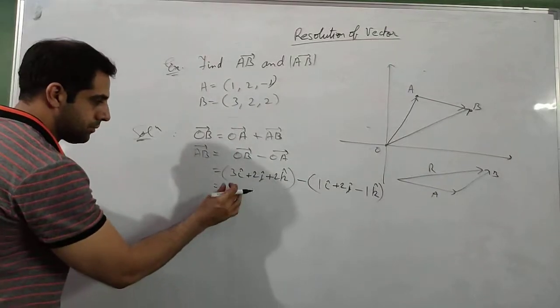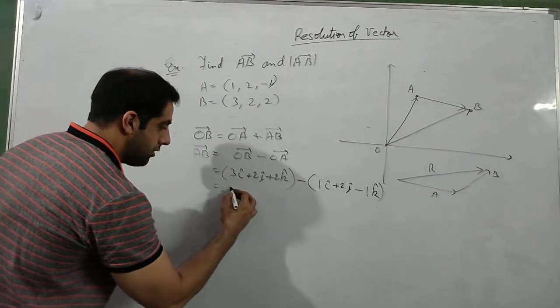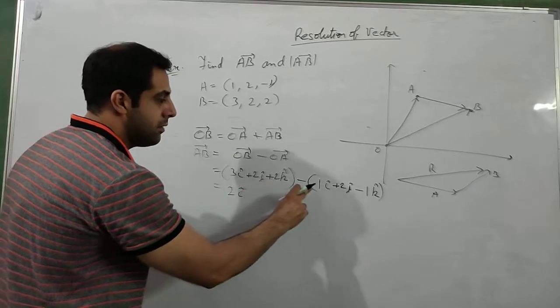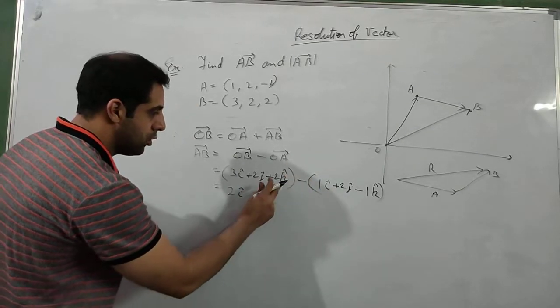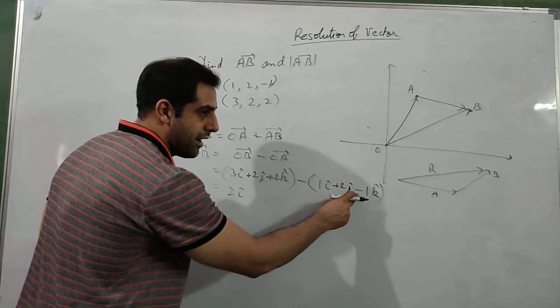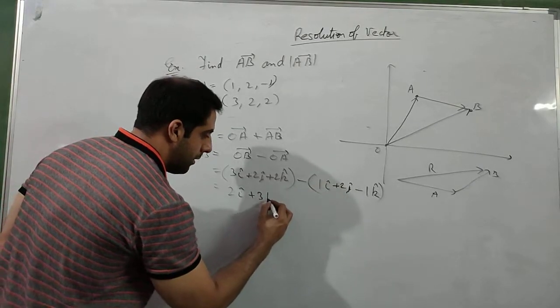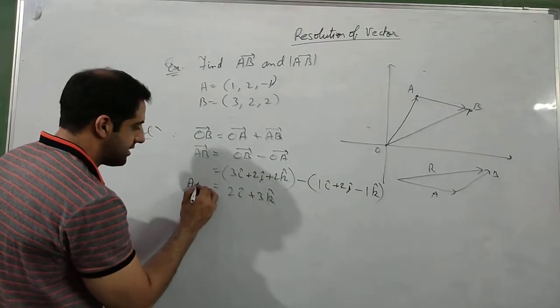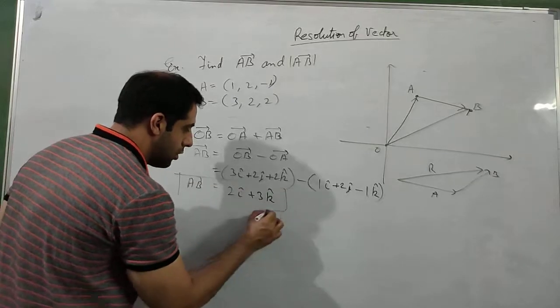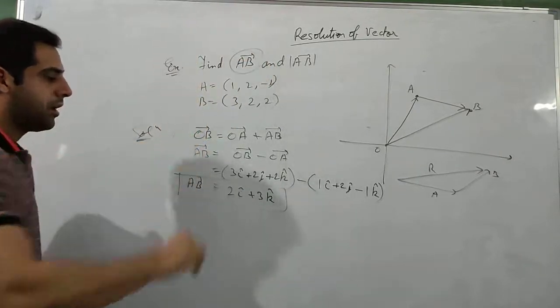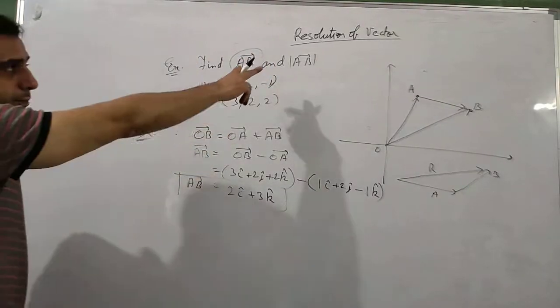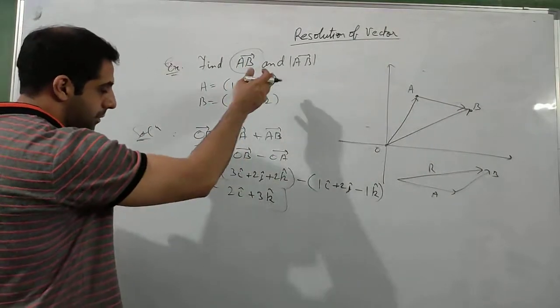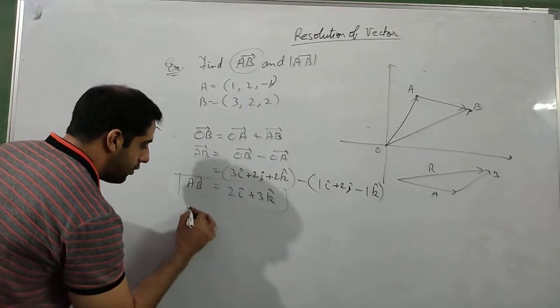Subtract these. 3i minus i, so it will be 2i cap. 2j minus 2j cap will become 0. 2k minus of minus 1 will become plus 3k cap. So this is the vector AB, and this is the solution for the first part. Next is finding the magnitude of AB. I already gave you the formula.